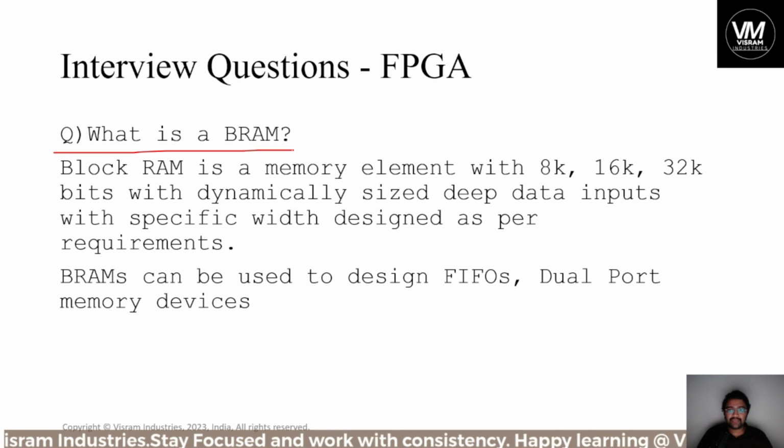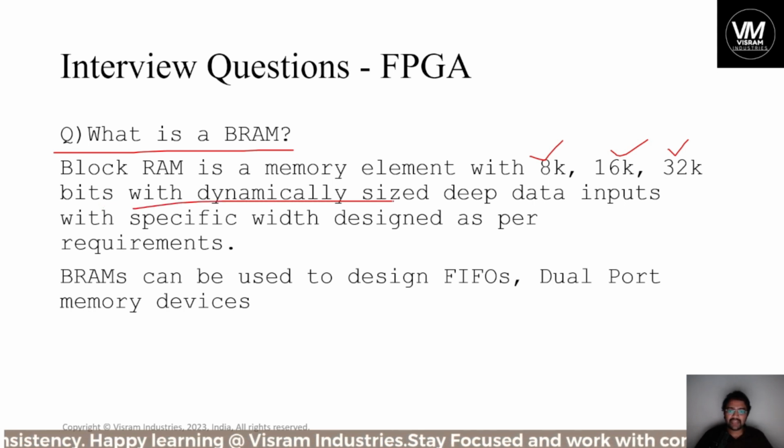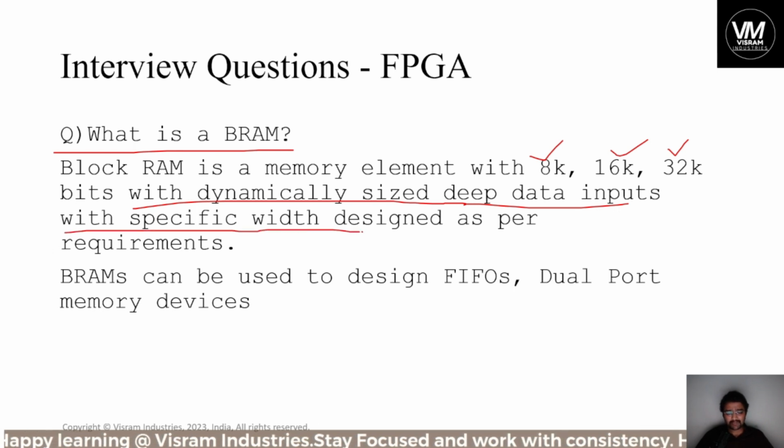What is BRAM? We know that we have gone through this in the class sessions. Block RAM is a memory element with 8K, 16K, 32 kilobytes depth in the structure, with dynamically sized deep data inputs with specific width designed as per the requirements.